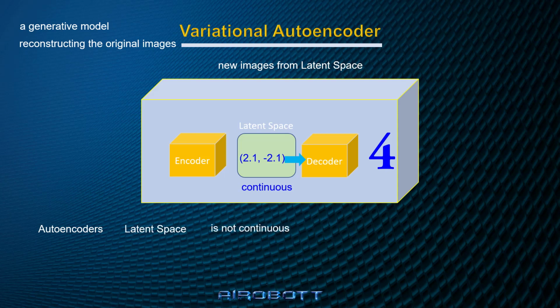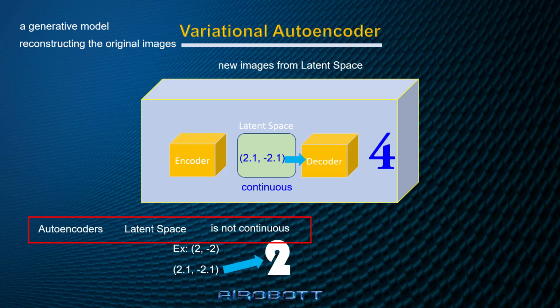So the sample point, for example 2, -2, might be decoded as an image of a 4, but 2.1, -2.1 might not produce a satisfactory image of a 4 because the latent space is not continuous. So it is considered a reconstruction loss of the autoencoder.